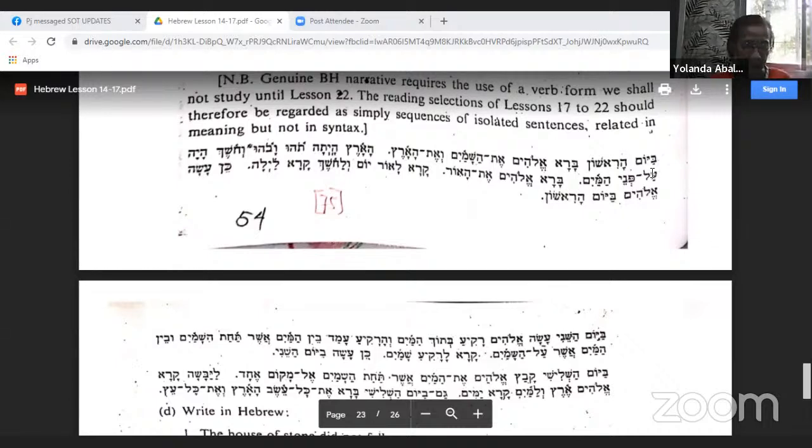Read Genesis chapter 41, verse 33 to 34, and translate that into Hebrew. Never mind kung ang natapos mo, Genesis 41, 33. Kahit na hindi mo nagawa yung 34, verse 34, basta meron kang one whole chapter.